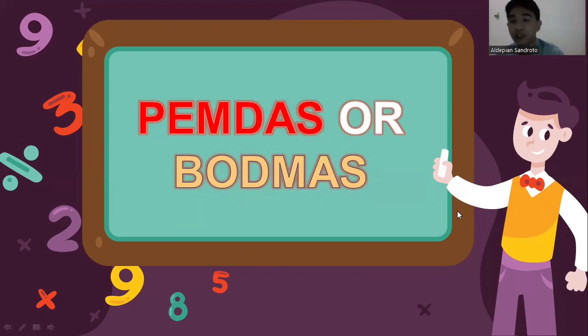Which part do we solve first? Is it addition or subtraction, or the number in the brackets first? In this session, we are going to talk about it one by one, PEMDAS and BODMAS. Do these methods have the same answers or different answers?